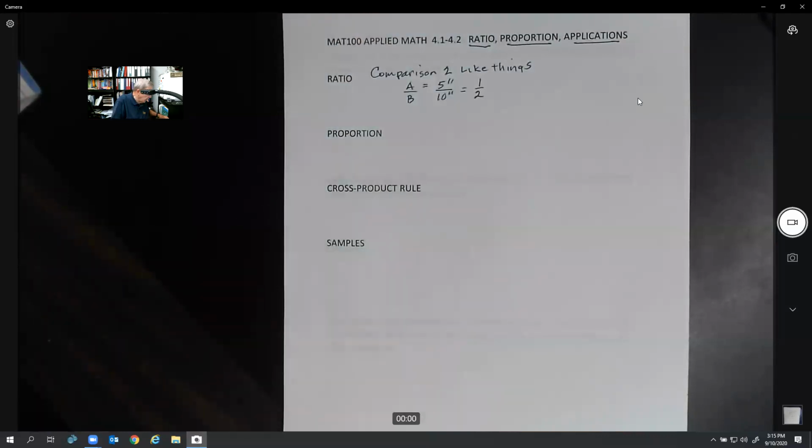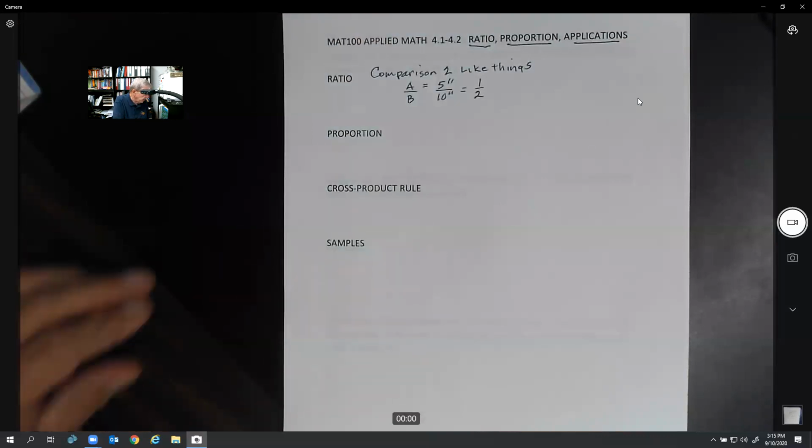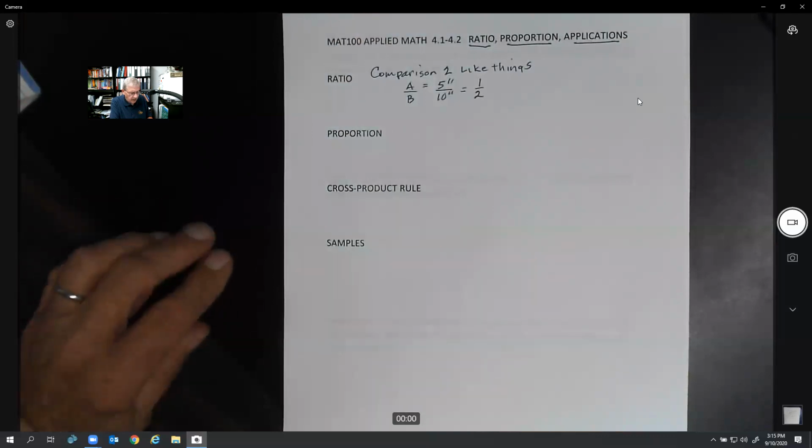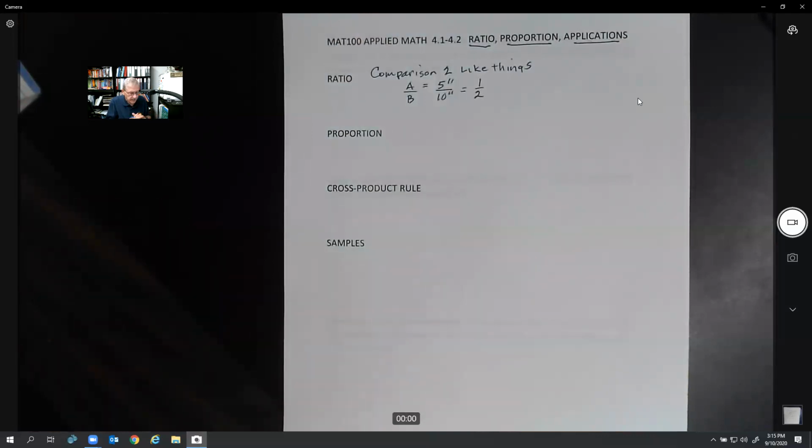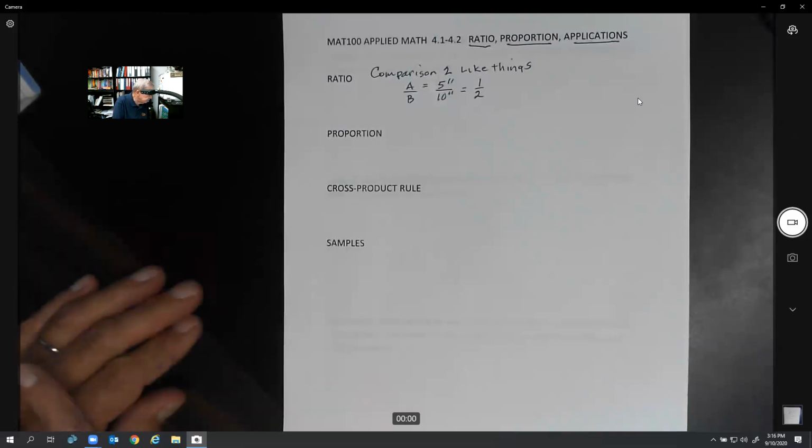If we put two ratios together, we get what we call a proportion. So a proportion is when we compare two ratios, we put them together, and then we get a proportion.